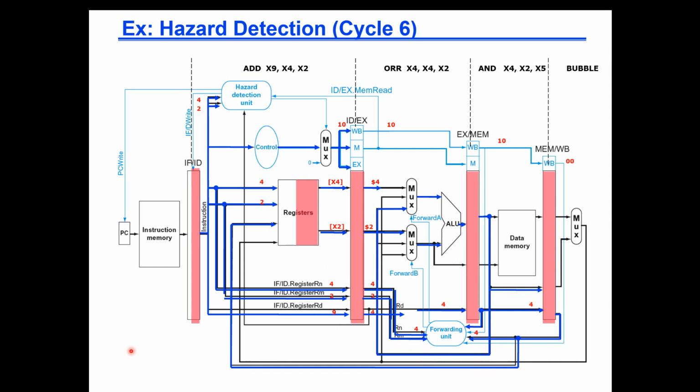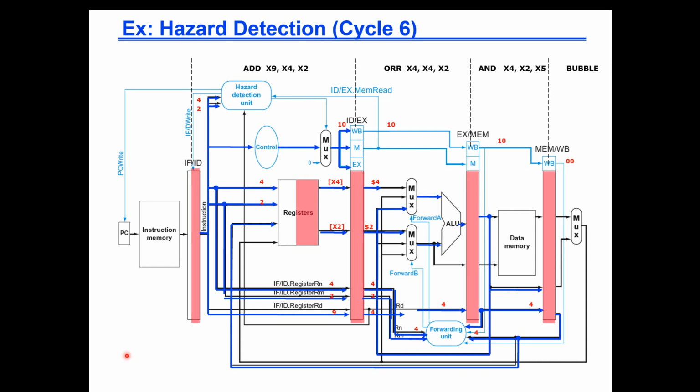The point was just to show the load, the generation of the stall, and the ability to forward from the memory write back boundary register back into the ALU. But these ones are just data hazards that we know how to handle already. So they're just going to go through that. I'm not going to really go too much into that.